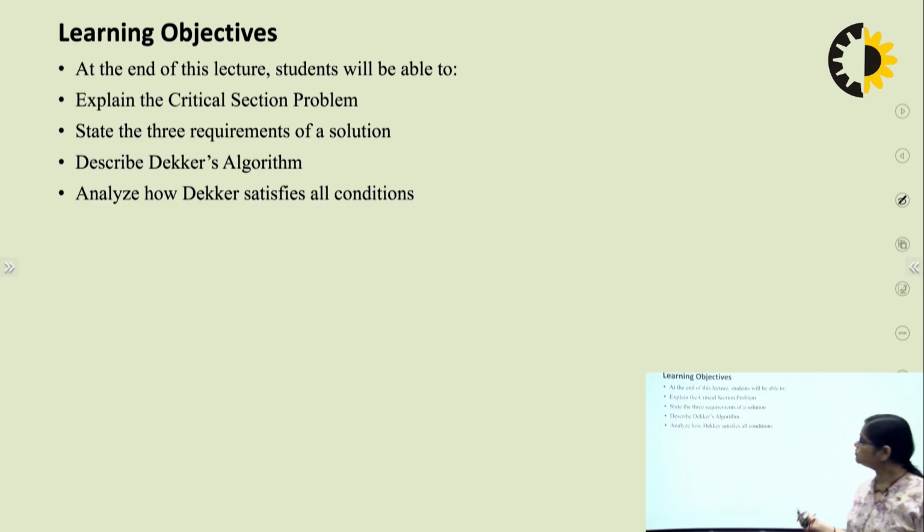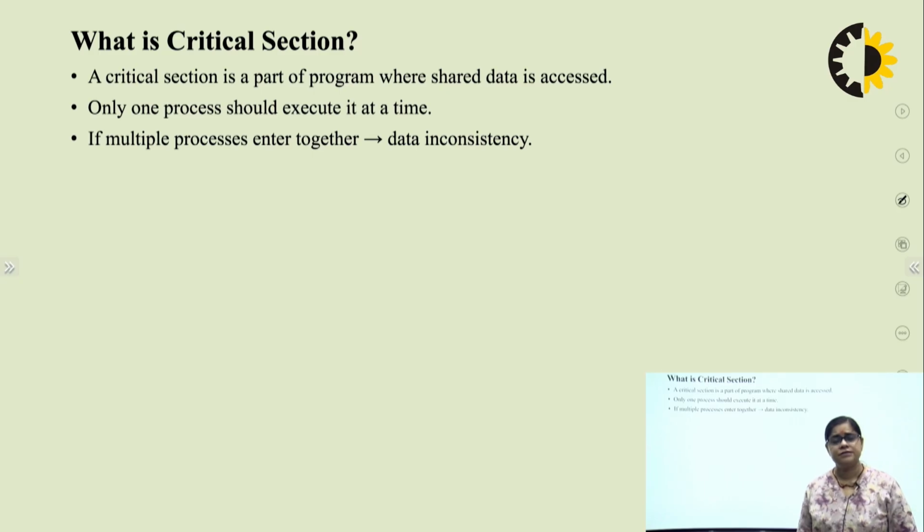Okay. Now, the first thing is what we mean by the critical section, and this is a very important part. In daily life we encounter this problem, but we never give a glance at it. So the definition: a critical section is mainly a part of a program where shared data is accessed.